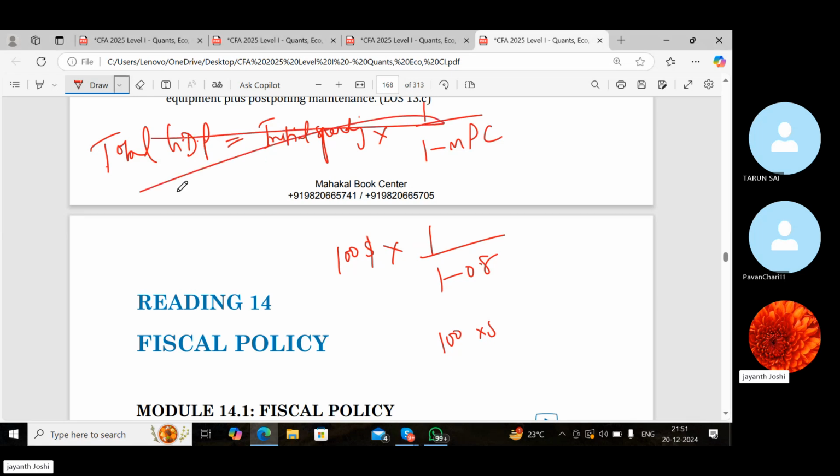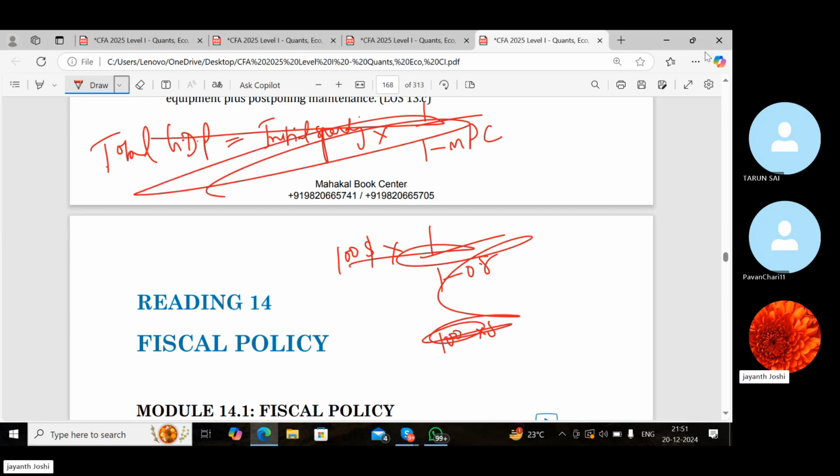Okay, we will not use this multiplier formula, otherwise you'll be confused. Okay, so with that we can conclude.